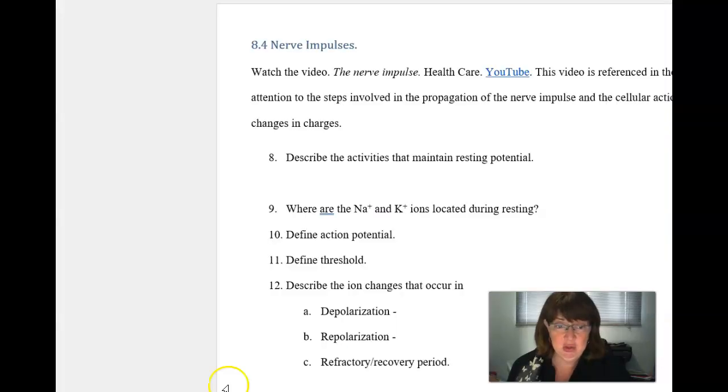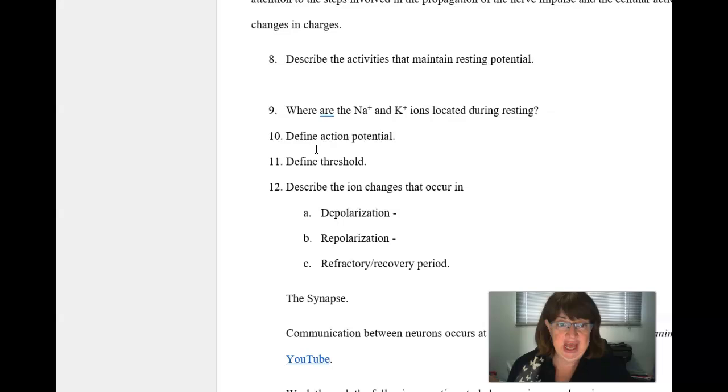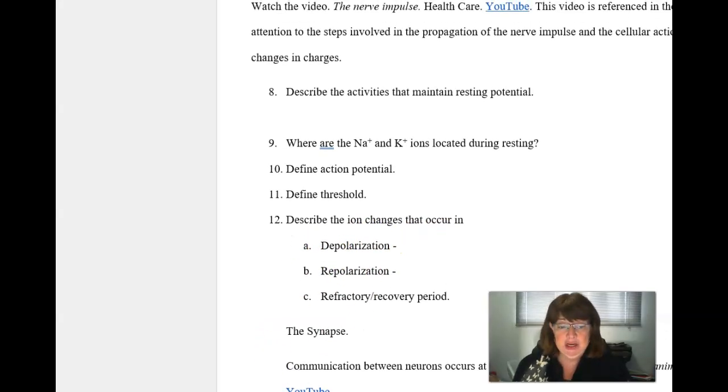So let's go back to the note sheet. We are going to look at defining the action potential, defining threshold, and then we're going to look at the ion changes, which is the movement of sodium and potassium in a situation called depolarization and repolarization. So that's what we're going to look at.